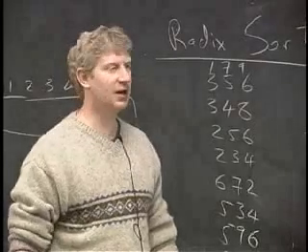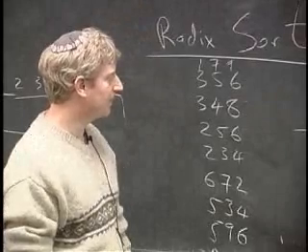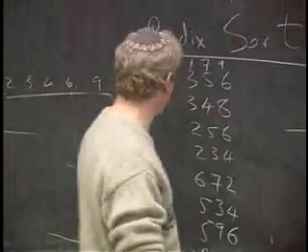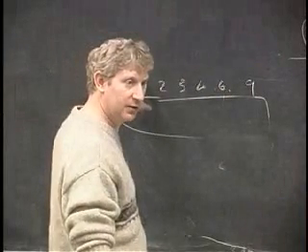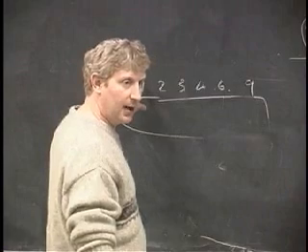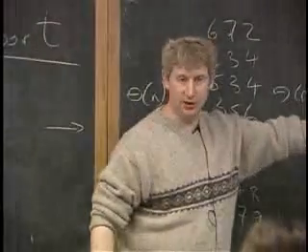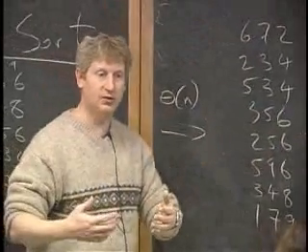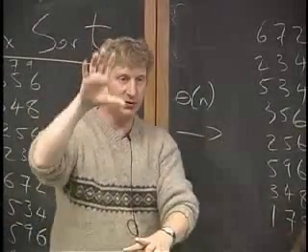Other questions about this stuff? Does this work significantly differently if we're dealing with numbers in bits? No. It's very much the same, except that here instead of 10, we'll only have 2 categories. And it's a little easier to see that each successive stage is linear time, because doing a counting sort on just zeros and ones is the same game, where the ones are basically dropping to the bottom and the zeros are coming up to the top.